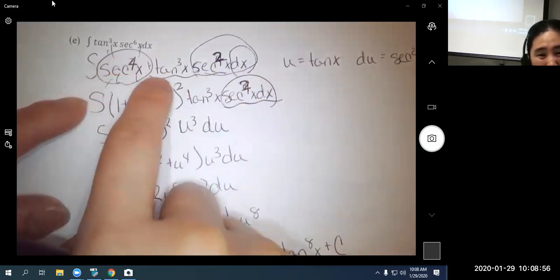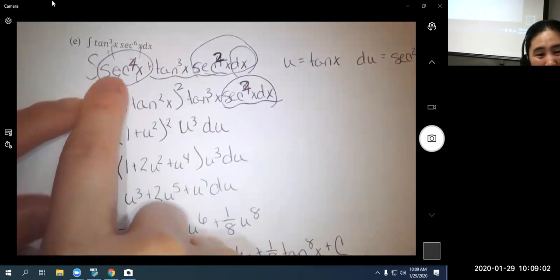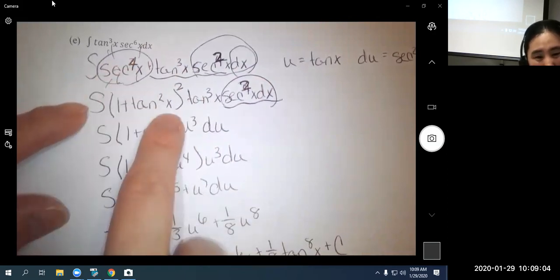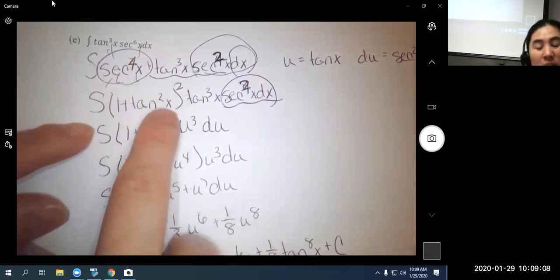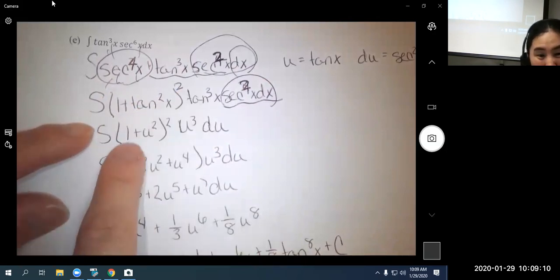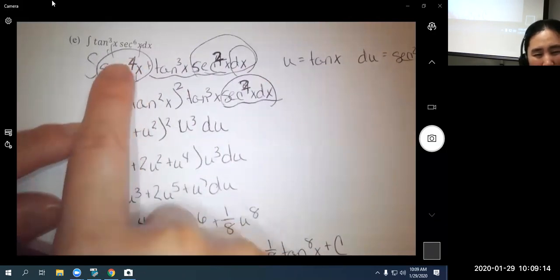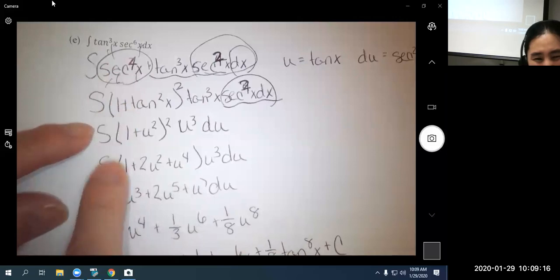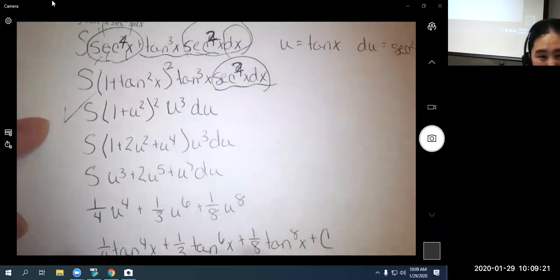And then the tangent of x to the cube gave us what? u to the cube. This is from here, correct? And secant of x to the fourth power is secant of x squared times secant of x squared, which is 1 plus tangent of x squared, so this is 1 plus u squared. It's not very consistent, but the step from here is no problem, correct?